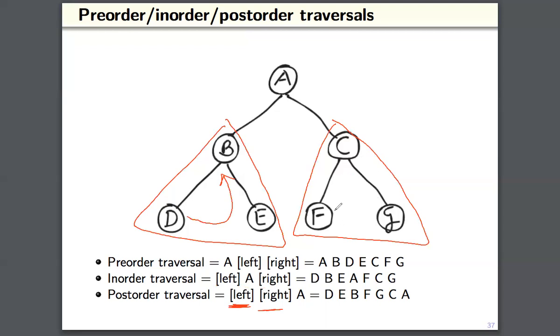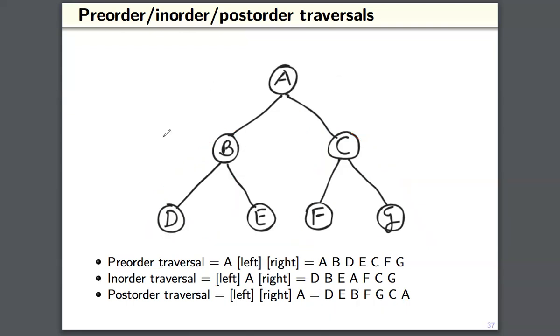And post order of this, FGC. DEB is the left subtree, right subtree traversal is FGC, and then left, right, root. Make sense? So similarly, you can solve these problems for bigger trees also.